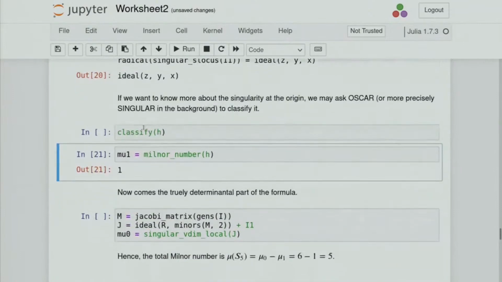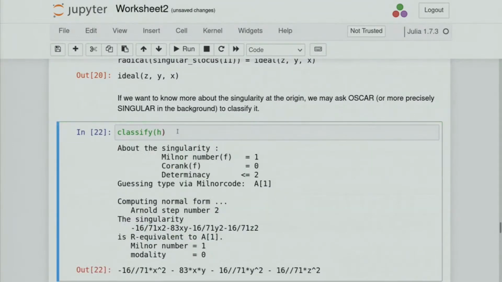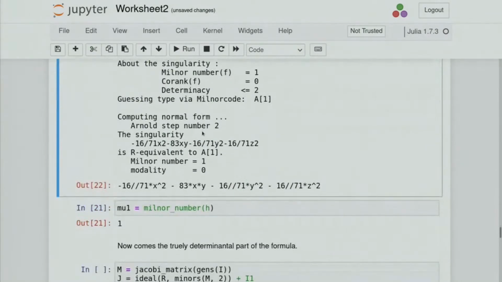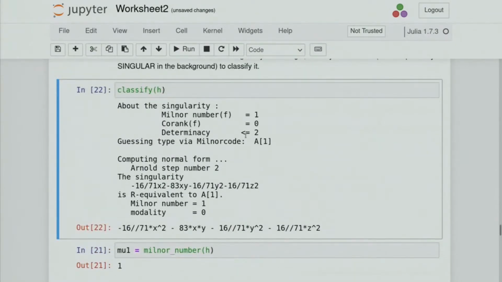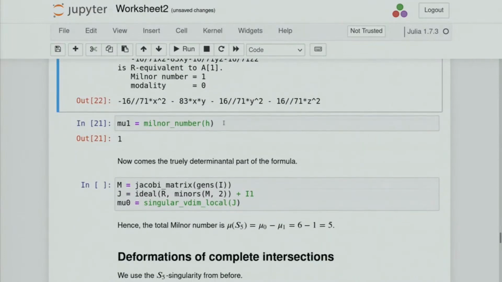It's 1. And if we want to look closer, I don't know if we'll come back to this later in the course, we can ask even more information about the singularity. So this is really the A1 singularity, but that will probably come later. There's only one hypersurface singularity with Milnor number 1. So this was expected.